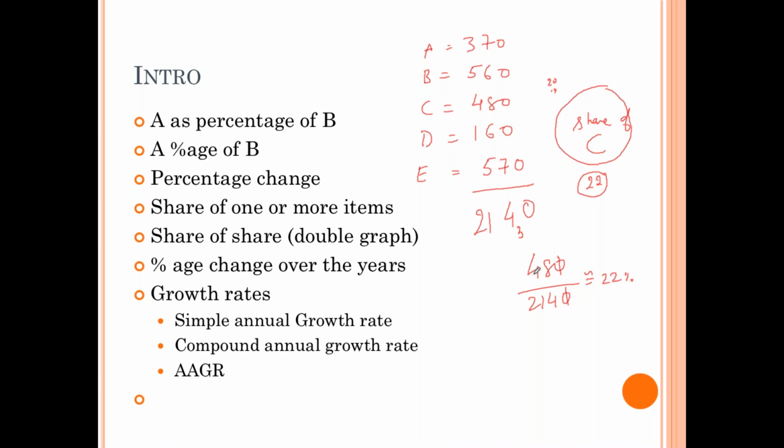I can calculate the exact value also. If I cut it with 2, it will be 24 divided by 107, and then I can subtract 7% from this to get my answer. You can take 7% out from 24. 24 sevens are 168, so you may take 1.68 or 1.7 out from this, so the answer will be 22.3%.